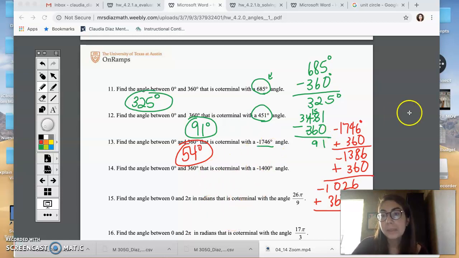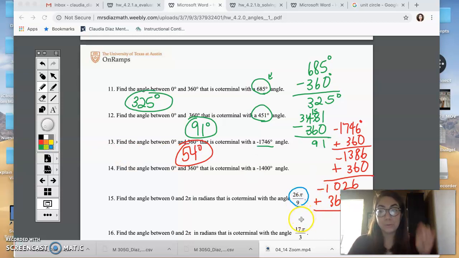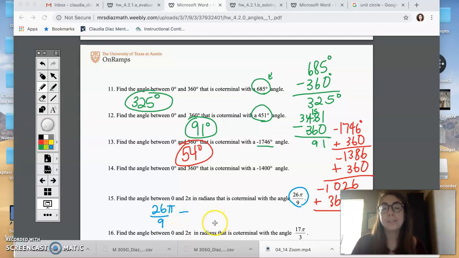So that's what you're doing with these. If you are given an angle in radians, well, think about what a full circle is in radians, and that's 2 pi radians. So 26 pi over 9, since it's positive, we're going to subtract a full circle, which is 2 pi over 1.